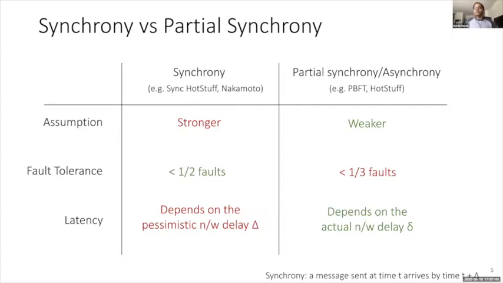By virtue of being a synchronous protocol, your latency typically depends on capital Delta, that is 10 seconds, even if messages arrive in a few milliseconds. However, for partially synchronous or asynchronous protocols, the latencies always depend only on small delta, that is the actual network delay. So there are some advantages, some disadvantages.